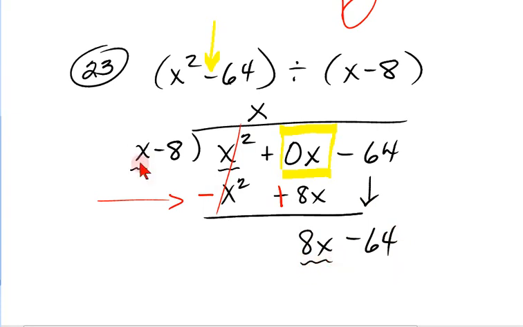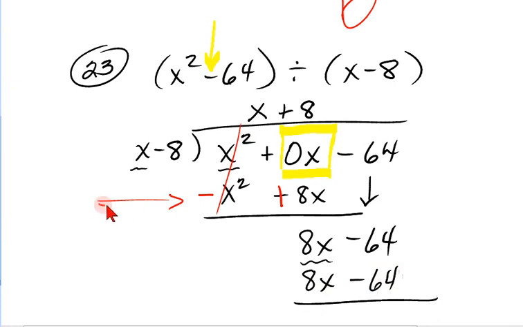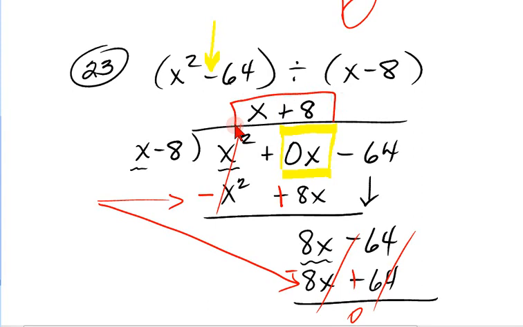What do you have to multiply x by to get 8x? 8. 8 times x is 8x. 8 times negative 8 is negative 64. Change again, minus, plus. Cancel out, no remainder again. Your answer is x plus 8.